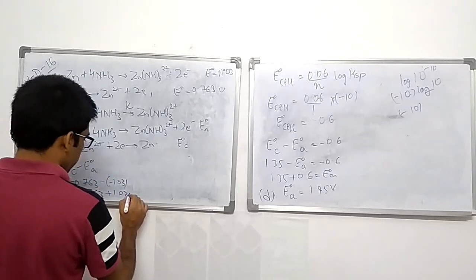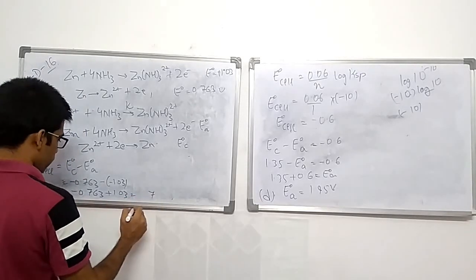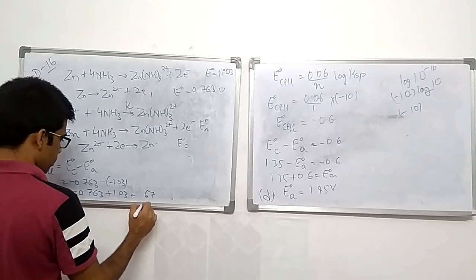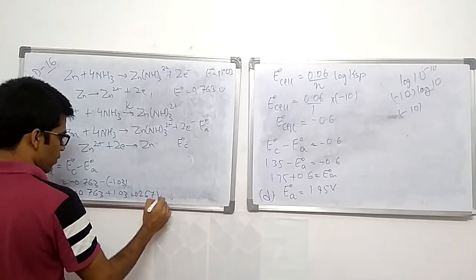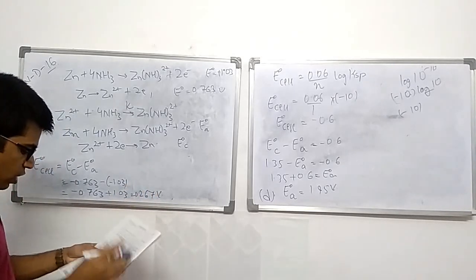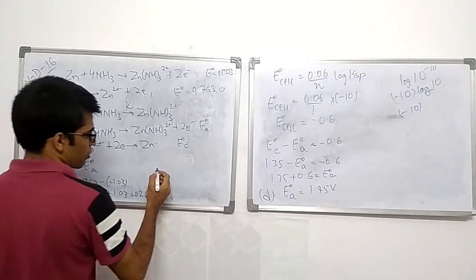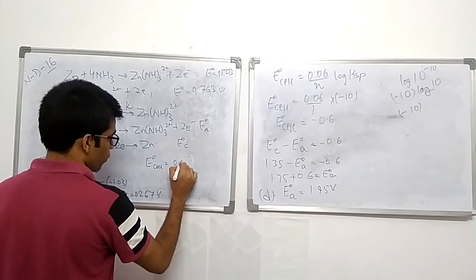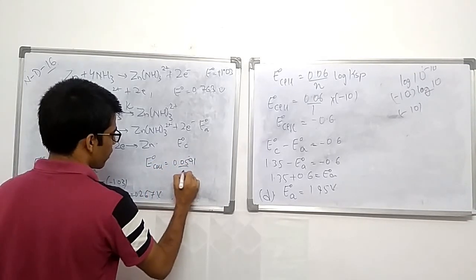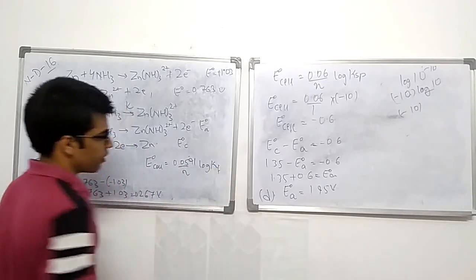And if you solve it, we will get 0.267 volts. Now we have to find the formation constant. The relation of E cell with the rate constant is what? E naught cell is equal to 0.0591 by n log K. Let the formation constant be Kf.